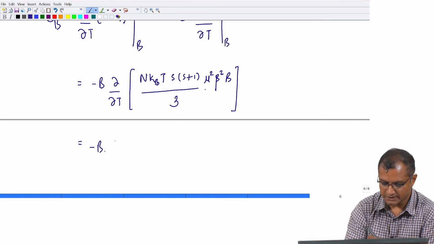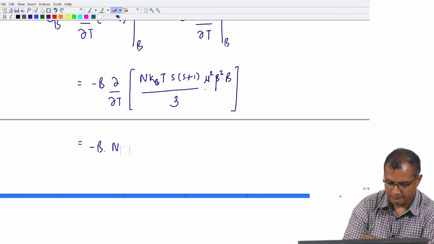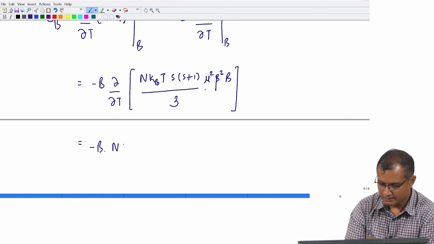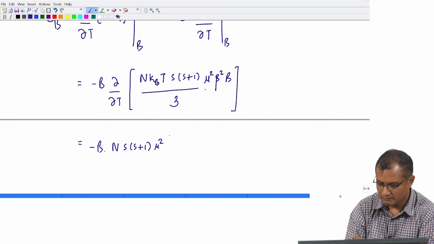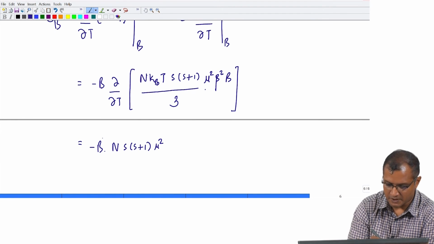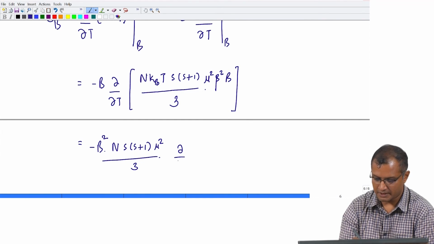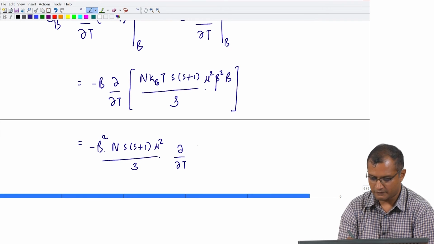I will take out all the constants first, N into s into s plus 1, mu square, this becomes B square over 3, and d by dT of 1 upon kBT.